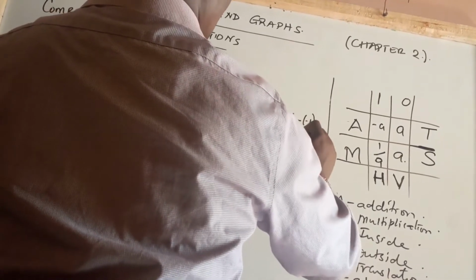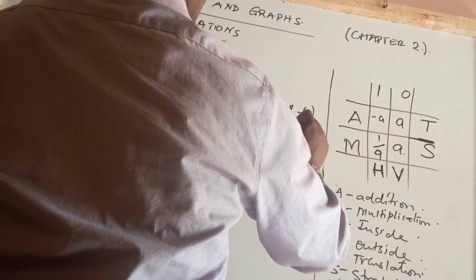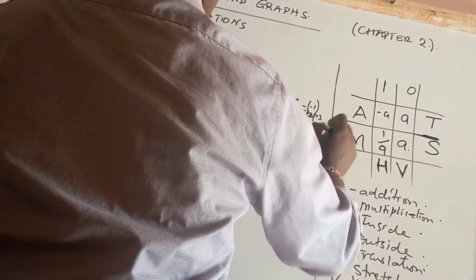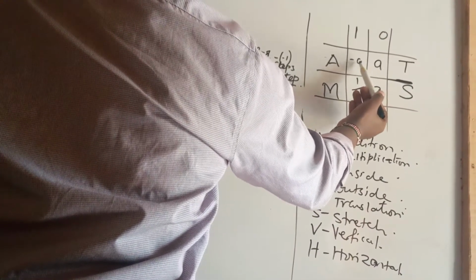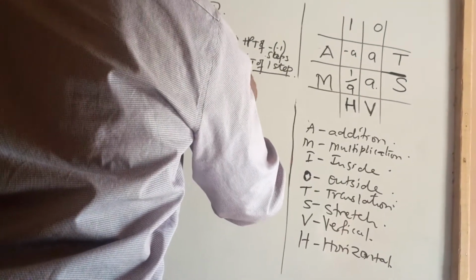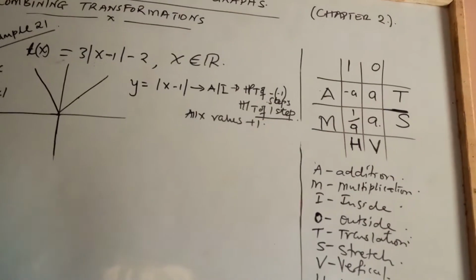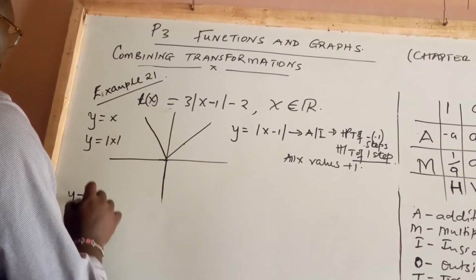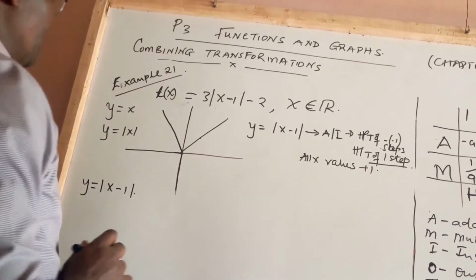Our a here is negative, so negative minus 1 is +1, which means a horizontal translation of one step. And what does this mean? All x values plus 1. So our graph now takes a different twist. This is the graph of y equals the modulus of x minus 1.